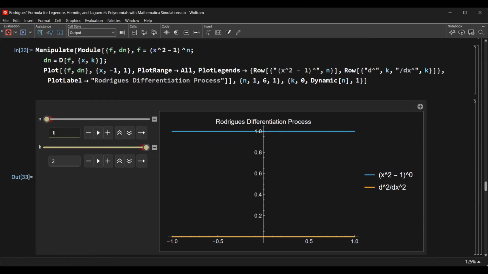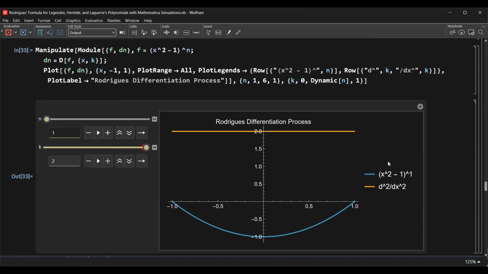And then we have x squared minus 1, and the plot of that is given by this color blue. Then we have the derivative of x squared minus 1, that is equal to 2x. So we have here 2x.